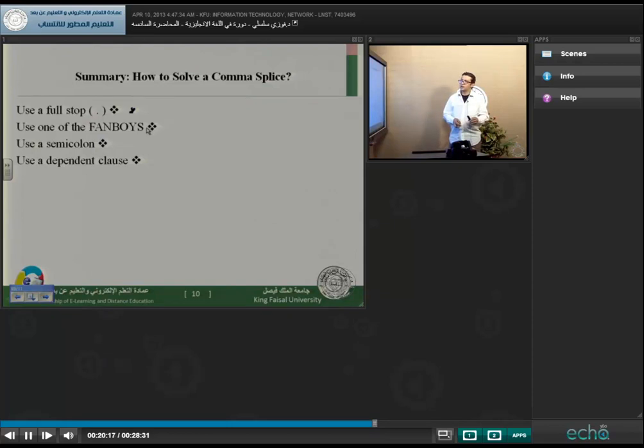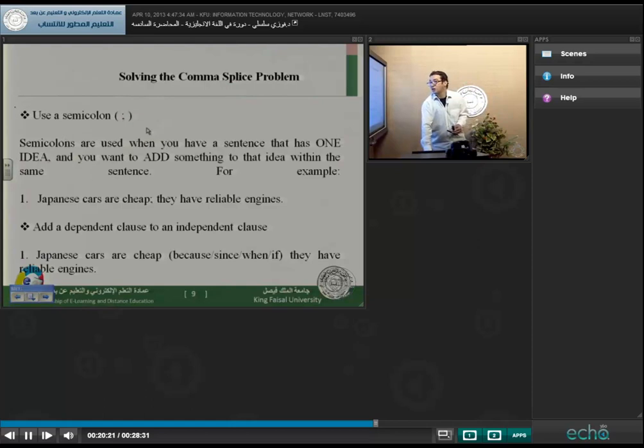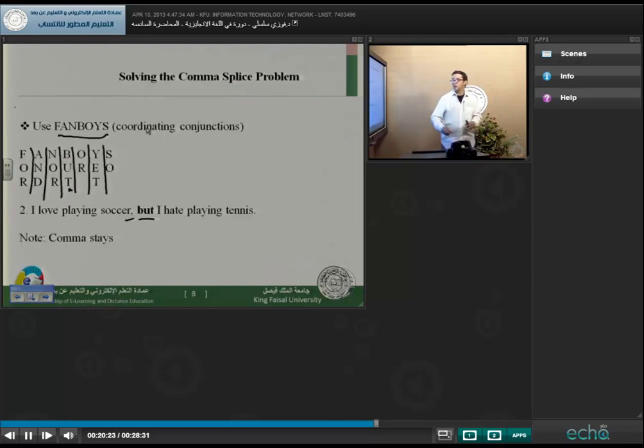A second solution is to use one of the fanboys, which we described as for, and, nor, but, or, yet, or so. Right? So these, we call them fanboys. They are coordinating conjunctions. They're conjunctions that you use to coordinate the connection between one sentence and another.